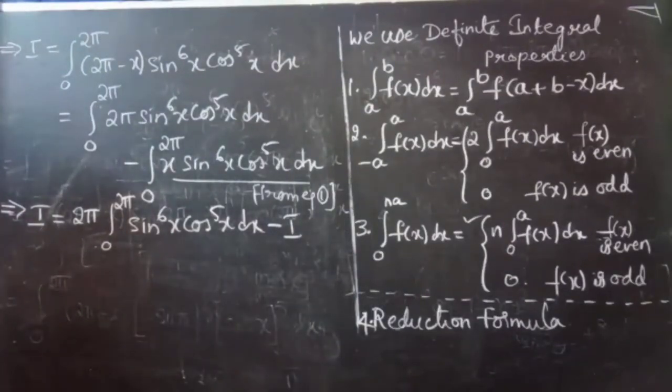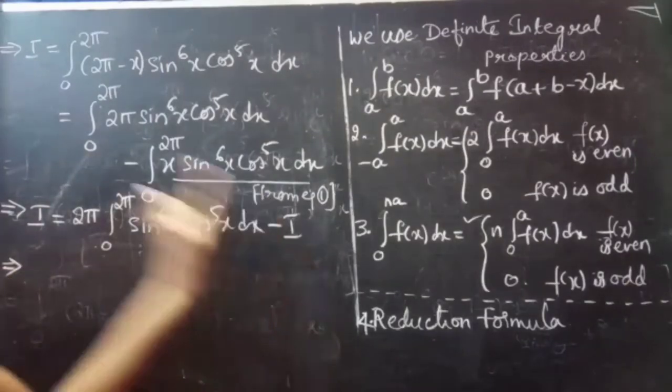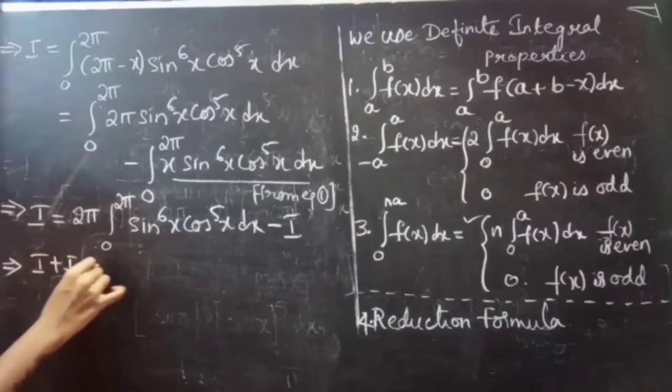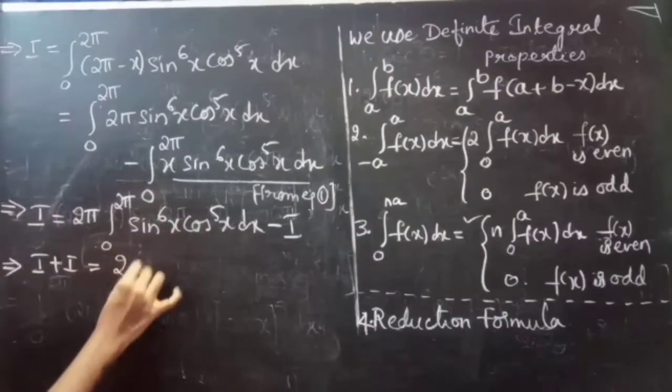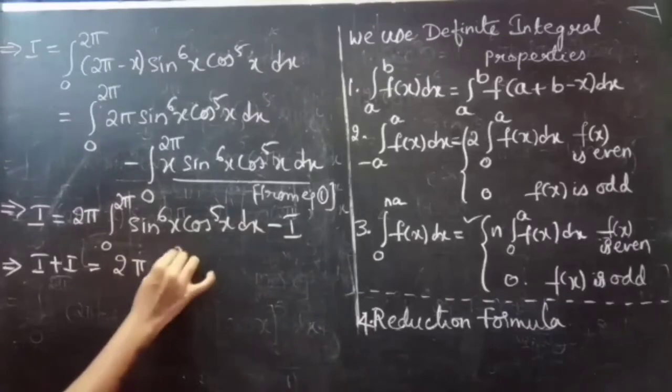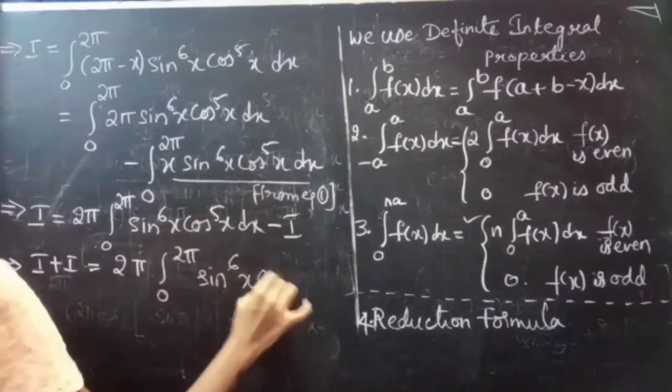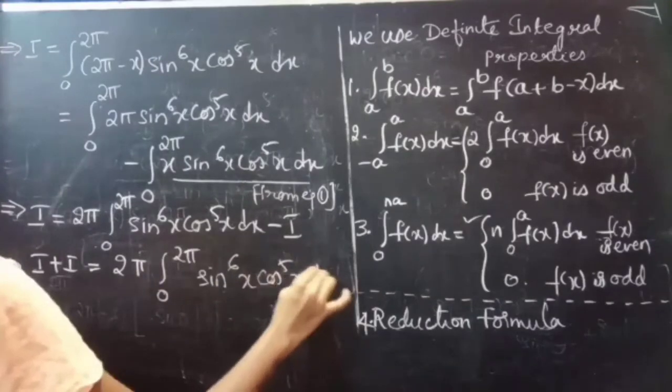So now take this I to the left hand side, then you will get I plus I, which is 2I, equals 2 pi into the integral from 0 to 2 pi of sin power 6x into cos power 5x dx.